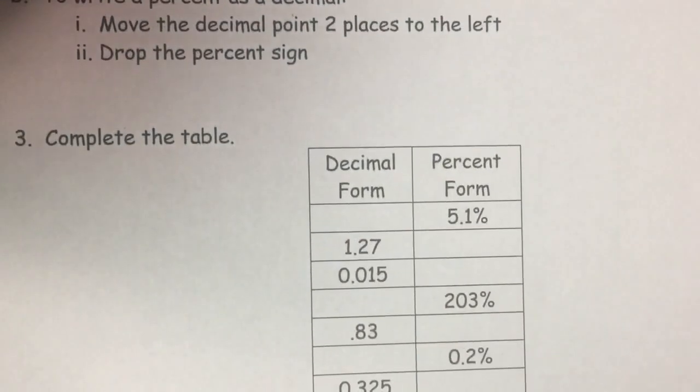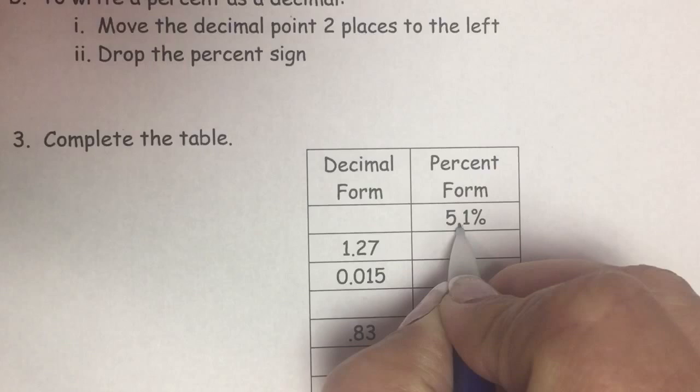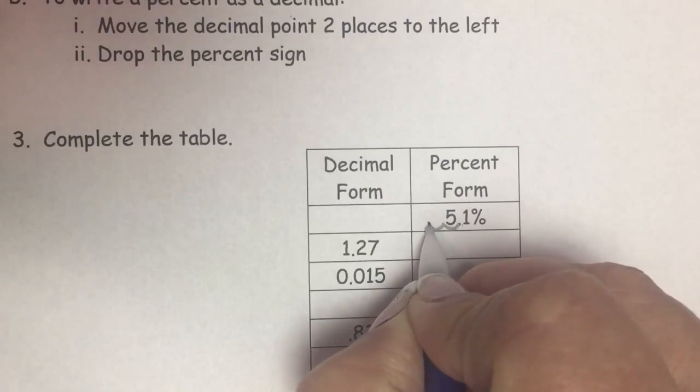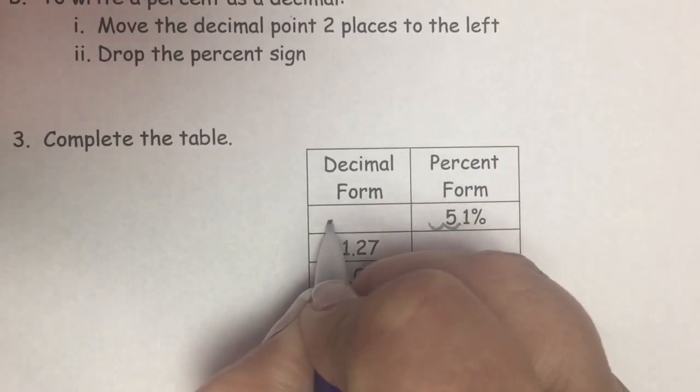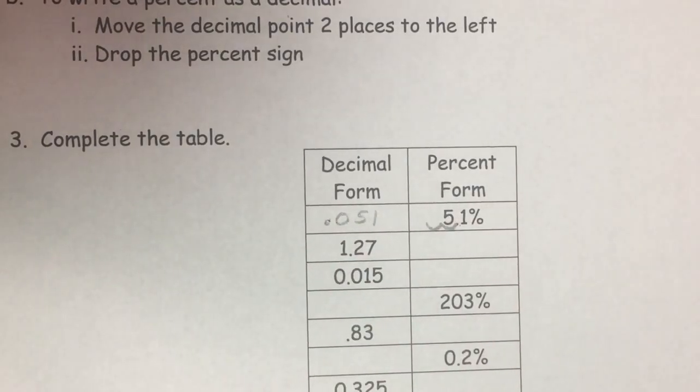So if we look at my chart here, I want to change this percent to a decimal. I simply move my decimal 2 places to the left and I get 0.051, and of course you don't write the percent sign. That's all there is to it.